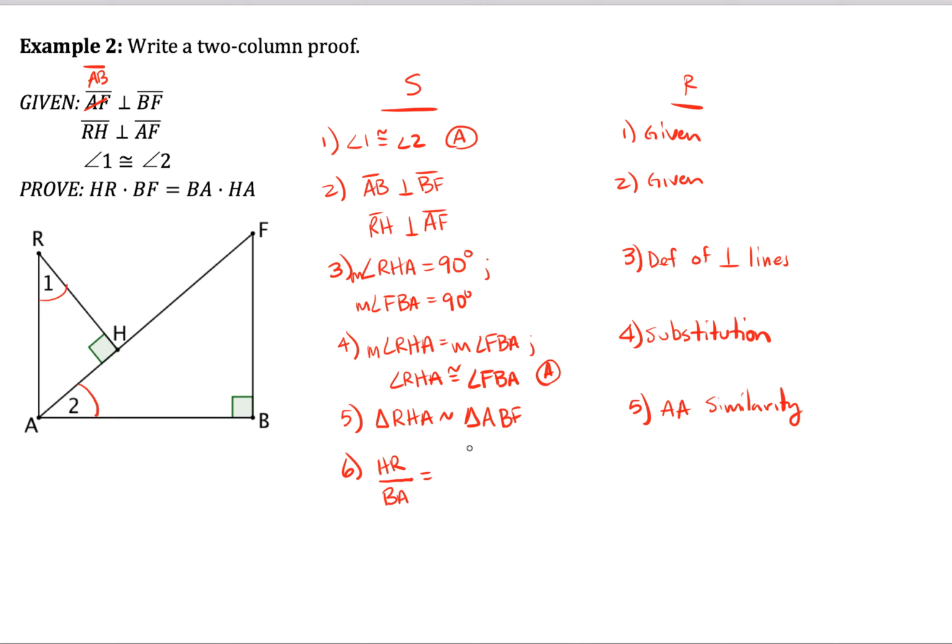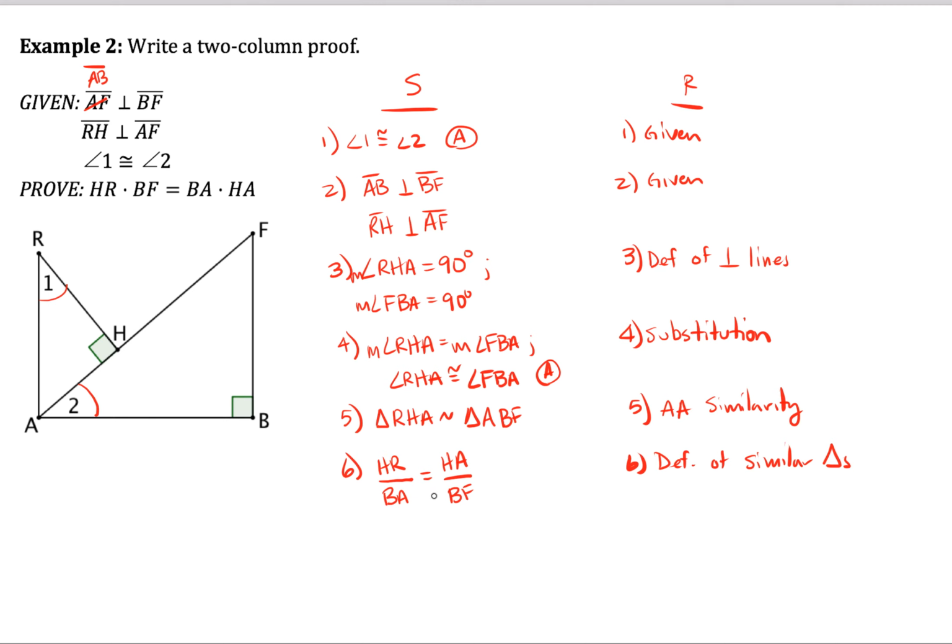And that would equal segment HA's length in a ratio with segment BF's length. Now I know that to be true because of the definition of similar triangles. Definition of similar triangles tells me that these corresponding sides will equal these corresponding sides in a ratio because the corresponding sides will be proportional. So it lets me set up this proportion.